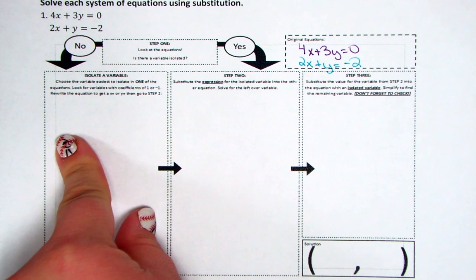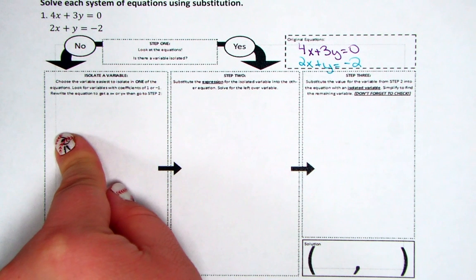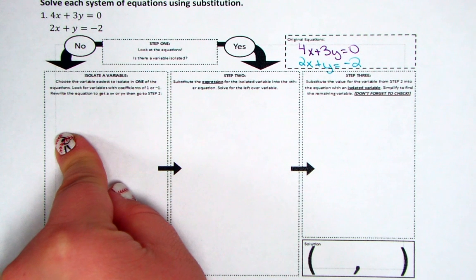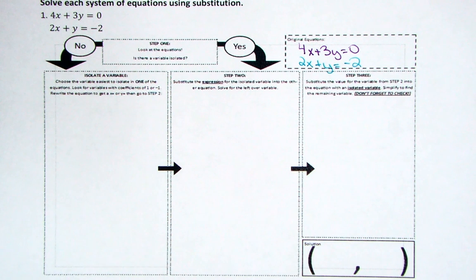And in this first box, it says to choose the variable easiest to isolate in one of the equations. Look for variables with coefficients of 1 or negative 1 and rewrite the equation to get an x equals or a y equals before we go on to step 2.